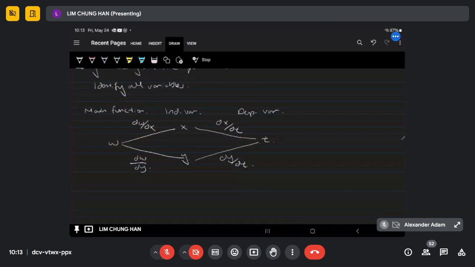So that's why the solution for dw dt is dw dx times dx dt plus dw dy times dy dt. Okay, so you can see the relationship here.